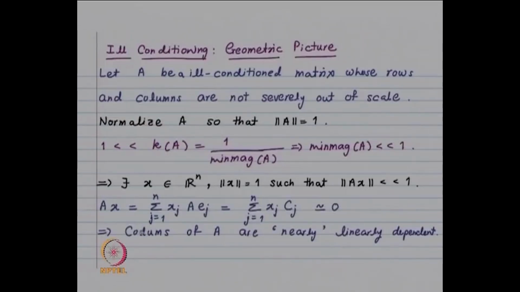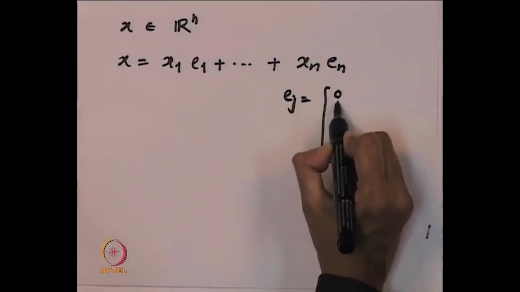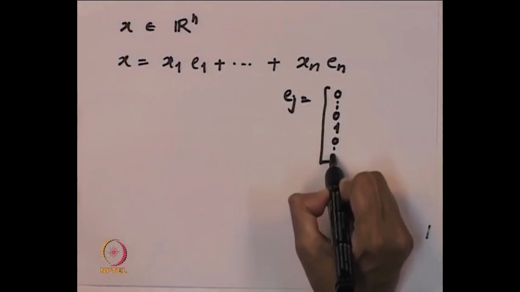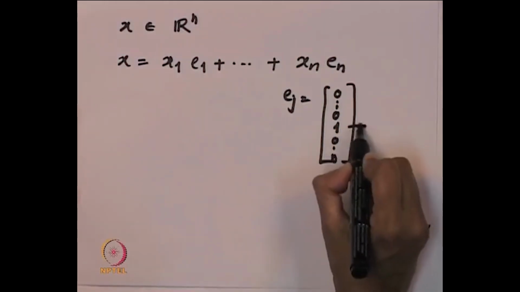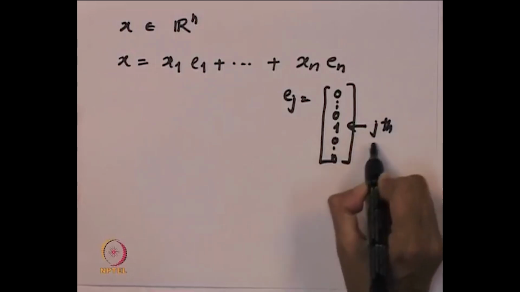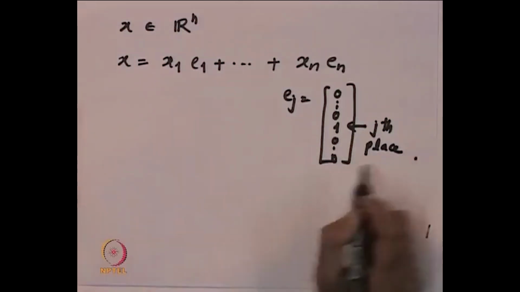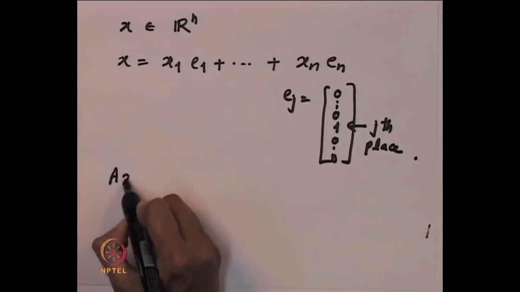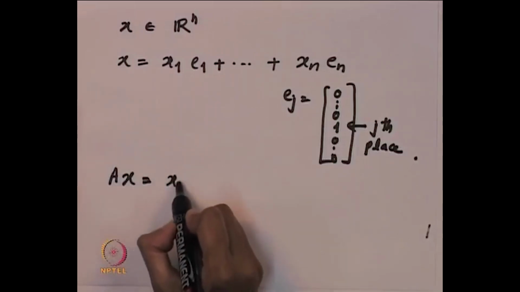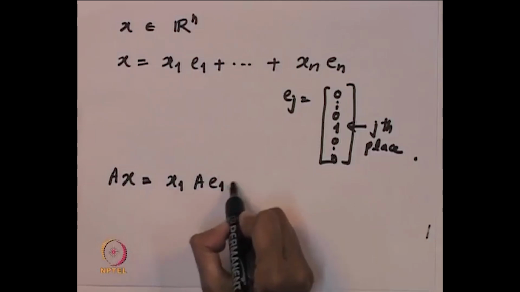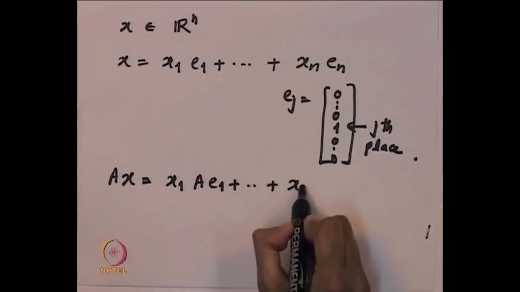E j's are our canonical vectors. So, we write our x belonging to R n as x is equal to x 1 E 1 plus up to x n E n, where E j is the canonical vector with 0 everywhere except 1 at jth place. Then A x is going to be equal to x 1 A E 1 plus up to x n A E n.